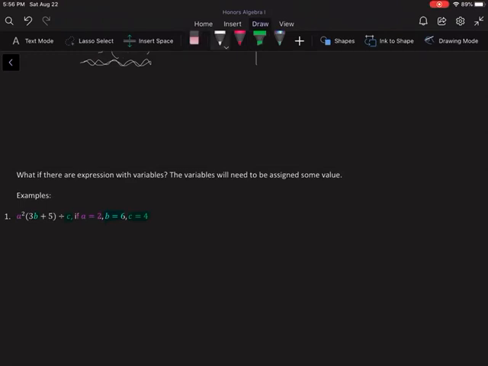Okay, so I'm going to have, and we have to put the number in parentheses, 2 squared times 3 times 6, right? Plus 5 divided by 4. So again, I'm going to evaluate this, but I'm also going to do what's inside of parentheses.